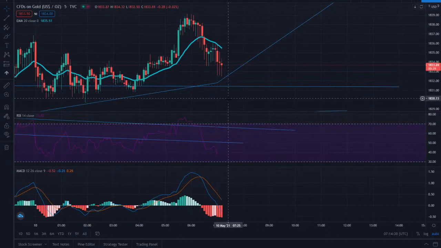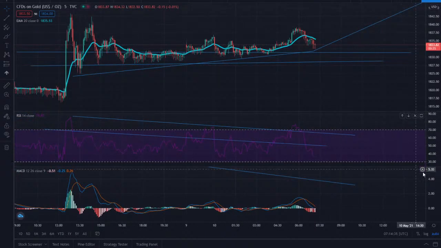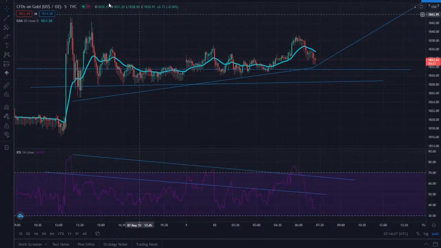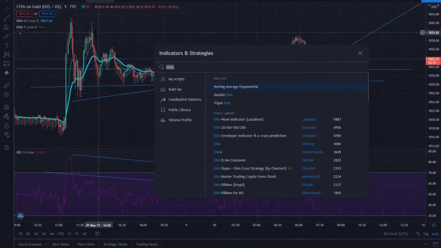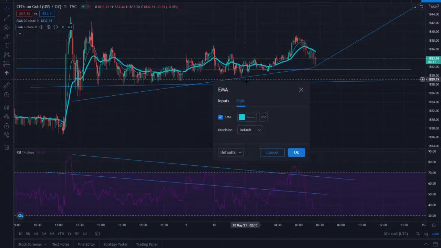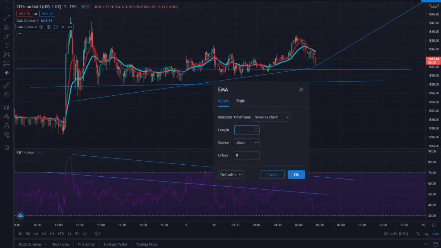Well, here on the 5-minute chart, let's change that real quick. Let's make it a red one. 200.